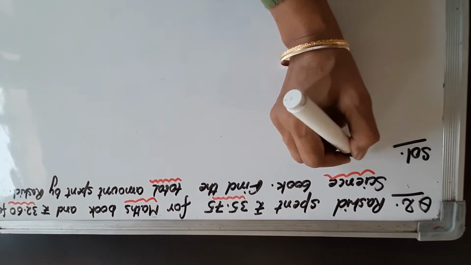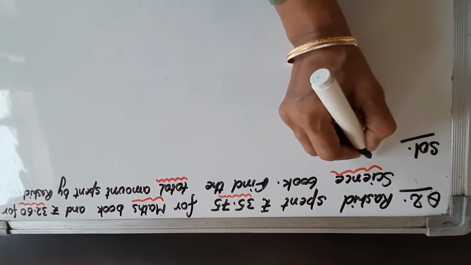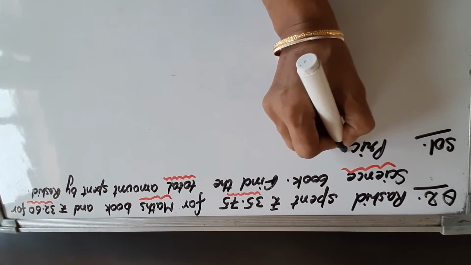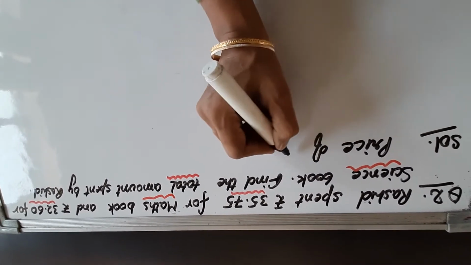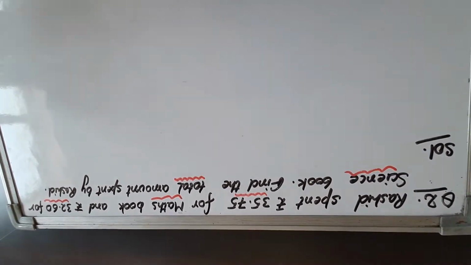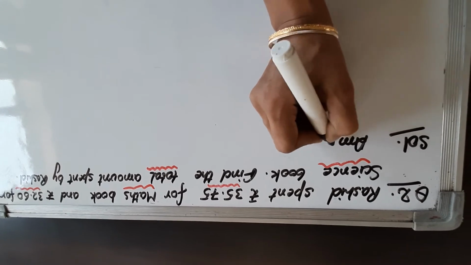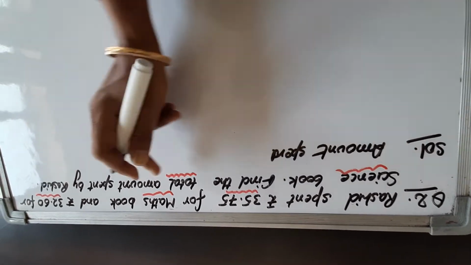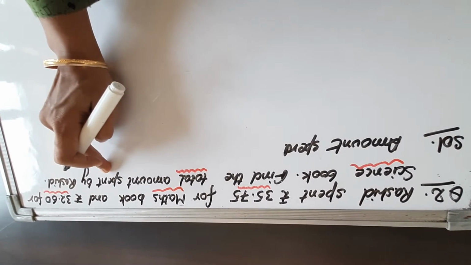So, price of, or we can write amount spent on. Amount spent on, whatever they ask you, write down the same statement.